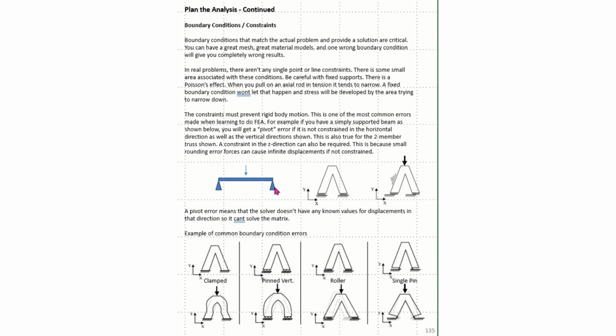So in this two-dimensional beam, if I just set this from moving in the vertical direction, when it deforms, it's likely that I'm going to get a very, very small force in the horizontal direction. And if there's no restraint in that horizontal direction, this beam will move off to infinity. And so I will get a small pivot error, or an error in my software code that says small pivot error, and I will not be able to obtain a solution unless I also fix this beam from moving in the into the page direction.